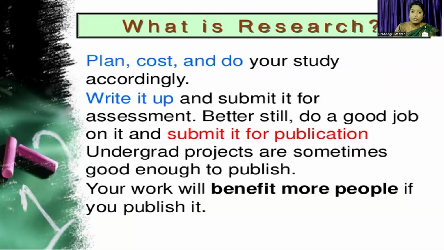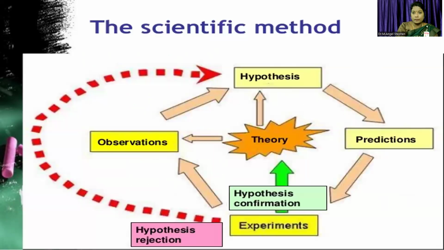Better still, do a good job on it and also submit it for publication in journals, books or any other government and non-governmental publication. This will benefit more people if it is published, for example, as you are reviewing the literature, future researchers may also review your literature which has been published.